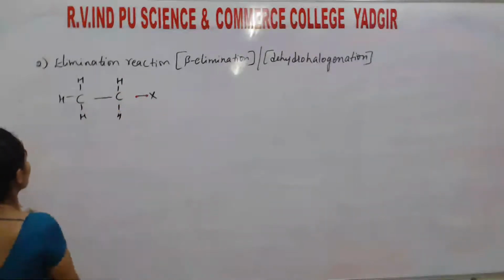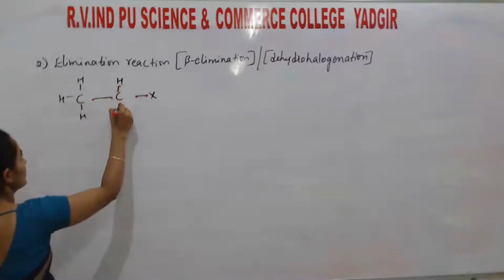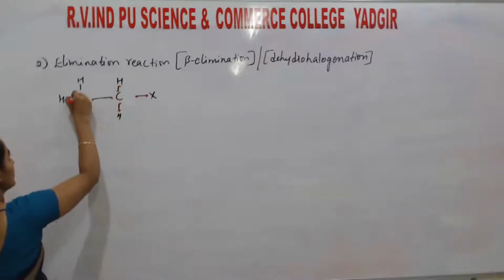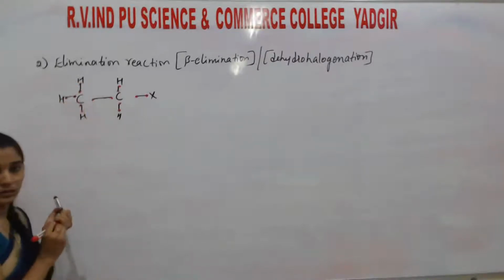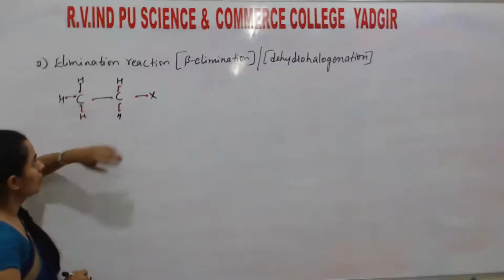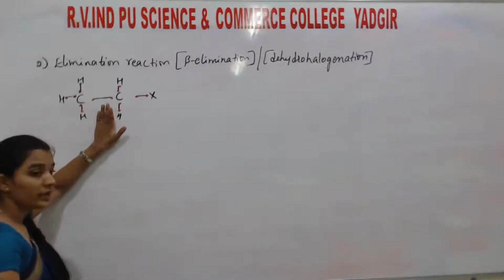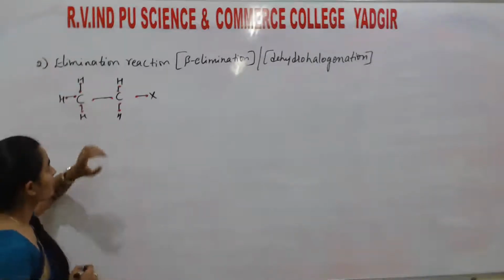So each like this, electrons are there. Correct? Two electrons are there. This is the way to write the compound with a Lewis dot structure. You know that. Okay?